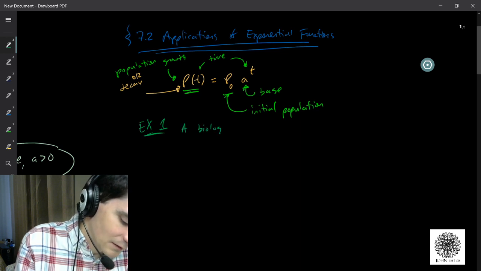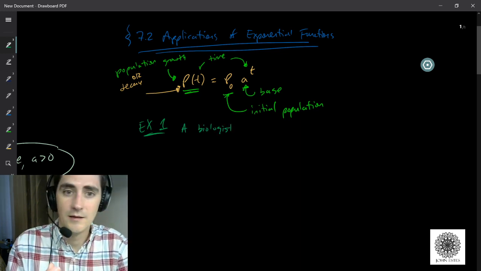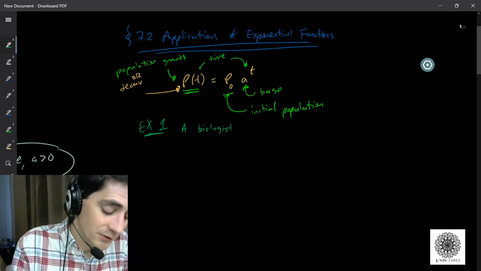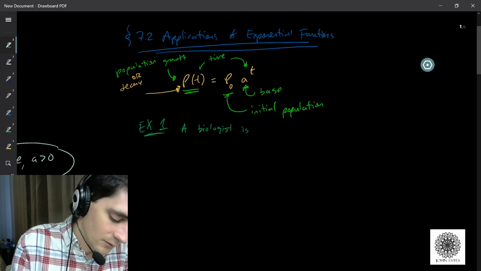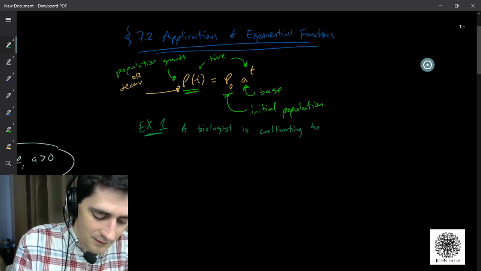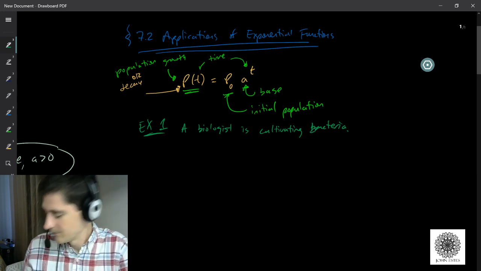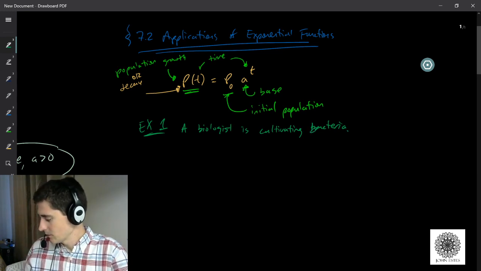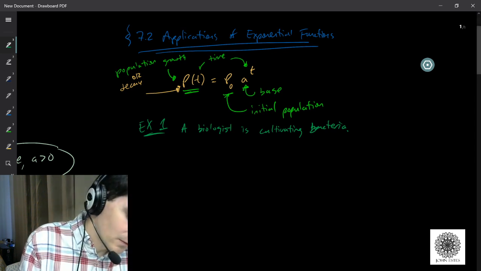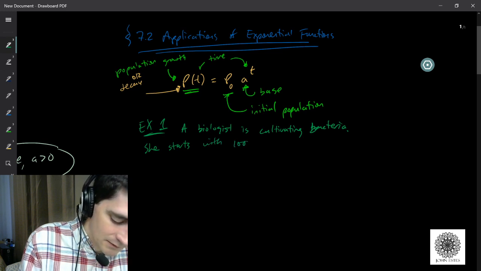A biologist is cultivating bacteria in a petri dish. Here are the details. She starts with 1,000 bacteria.